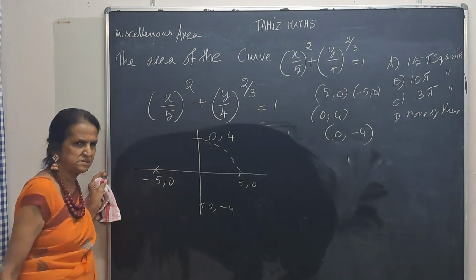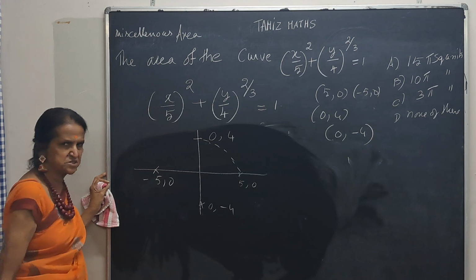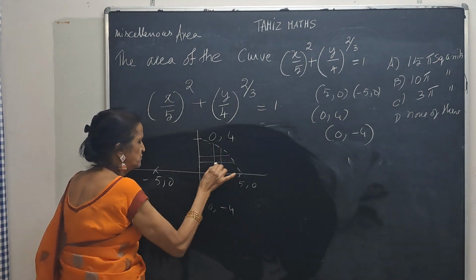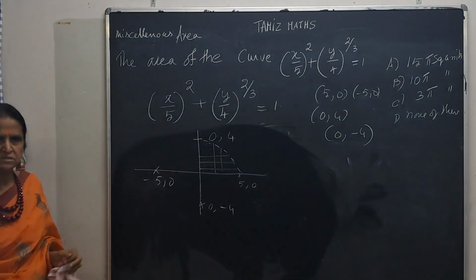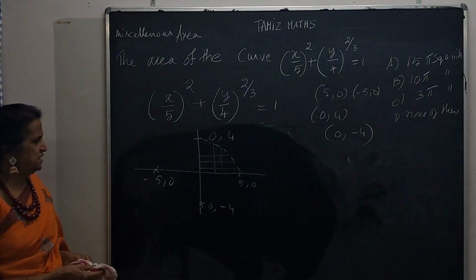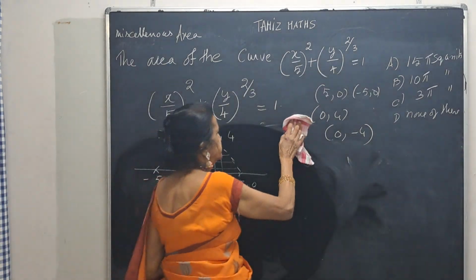Something like that you will get, and it will be in 4 quadrants. So I find out this area, and 4 times that will be your answer.